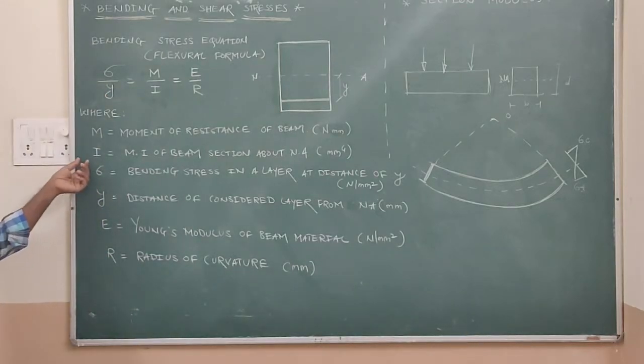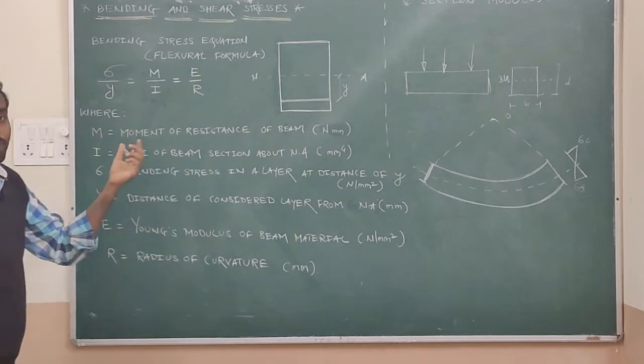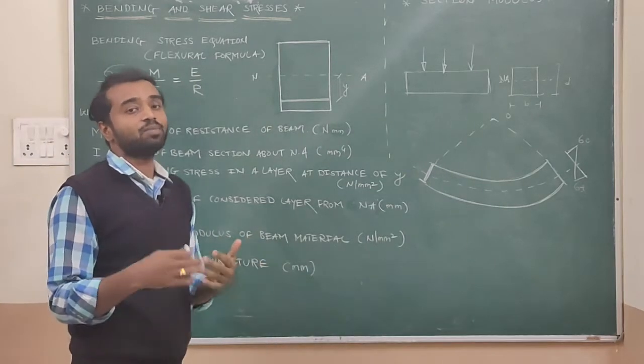So sigma is the stress, I is the moment of inertia, M is the moment of resistance. It is basically the maximum bending moment.